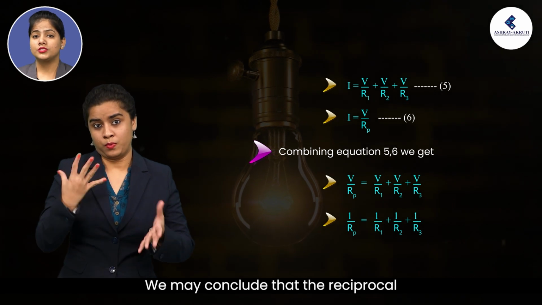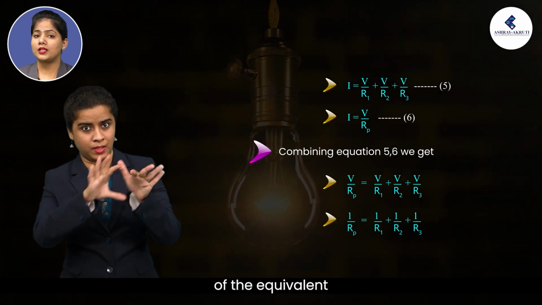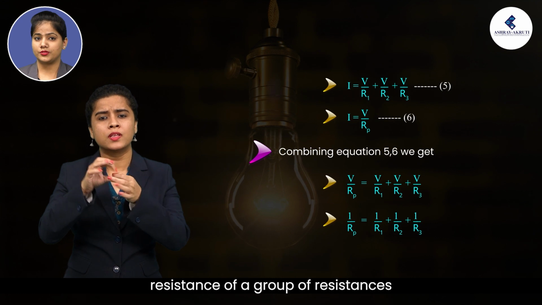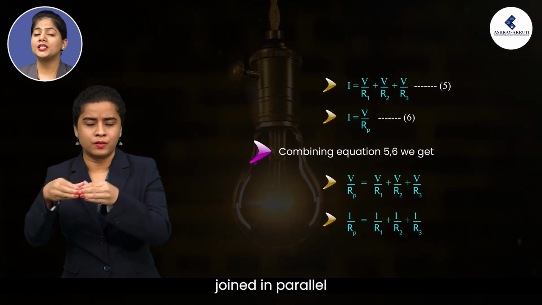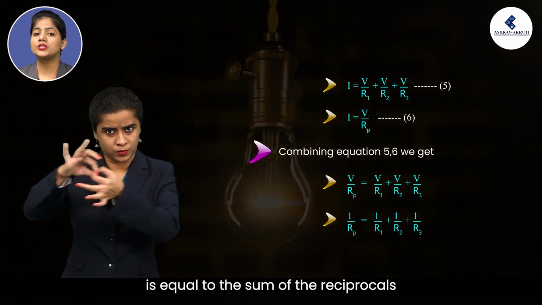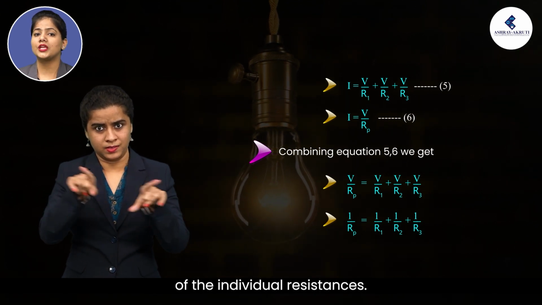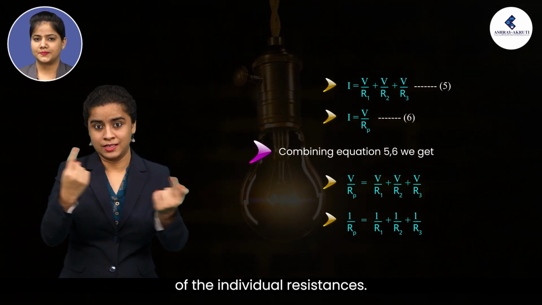We may conclude that the reciprocal of the equivalent resistance of a group of resistances joined in parallel is equal to the sum of the reciprocals of the individual resistances.